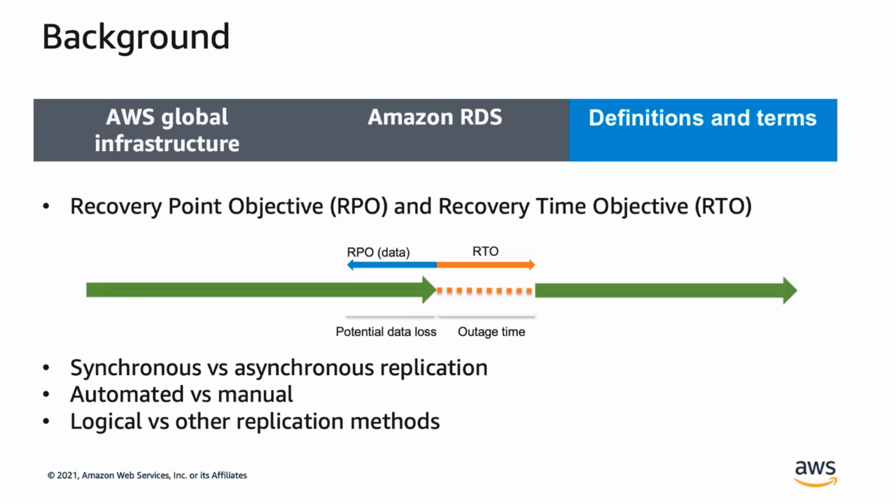So the RPO and the RTO are two important factors that need to be considered when we design highly available and DR solutions for applications. When planning and designing your database architecture, you start by identifying the RPO and RTO that your application requires, and then use the features and recovery actions that satisfy those requirements.